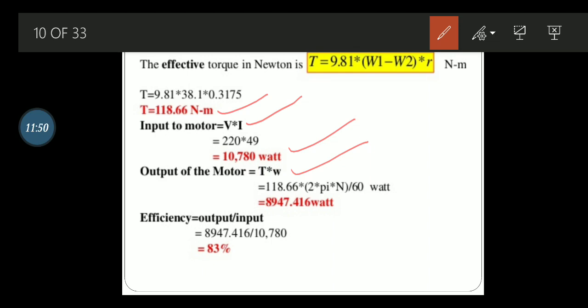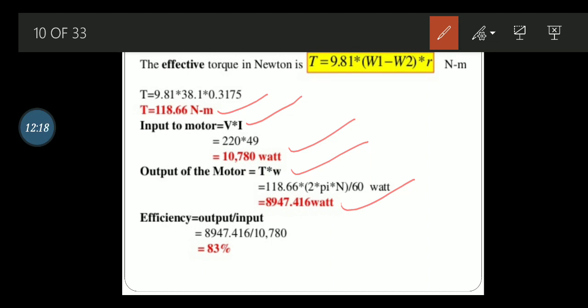Output of the motor is calculated using the formula T × ω. The torque has been calculated already, 118.66 Newton meter. That T is multiplied by the angular velocity of the motor, 2πN/60. So finally we get the output of the motor as 8.947 kilowatt.